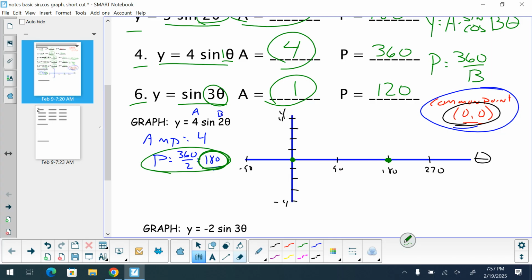What we will play at this point is what I call games of halves: the halfway point between 0 and 180 degrees. What we have to look at is the characteristics of the sine curve. Every one of our sine curves started at our neutral axis. We click, click, click, click. We climbed the hill.